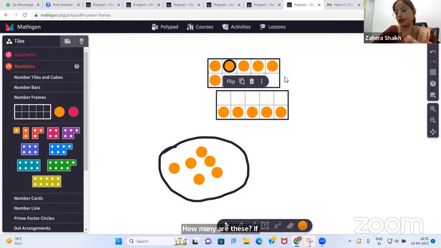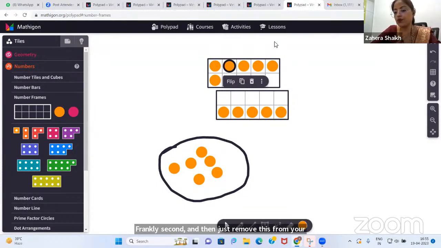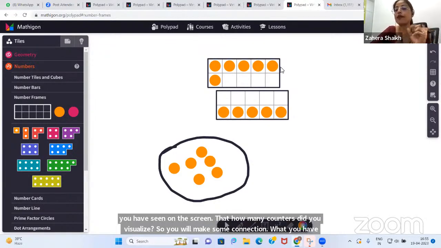If I give you this visualization for a fraction of a second and then remove it from your screen, how will you tell me how many counters you visualized? You will make some connection with what you have seen on the screen: okay, the first row had 5 and then an extra one at the bottom, it makes 6.